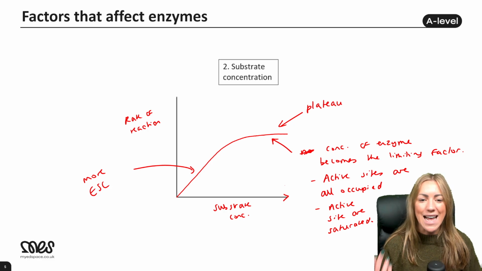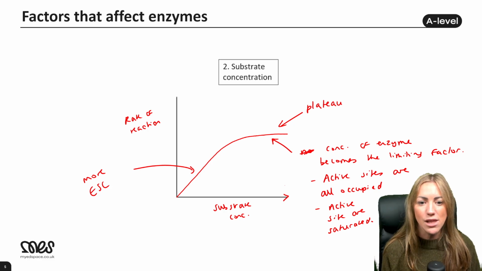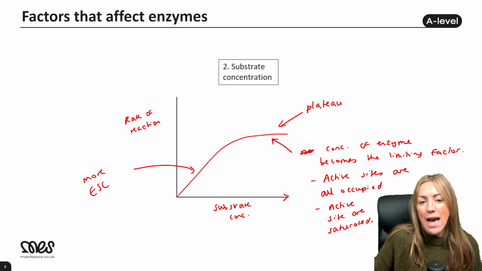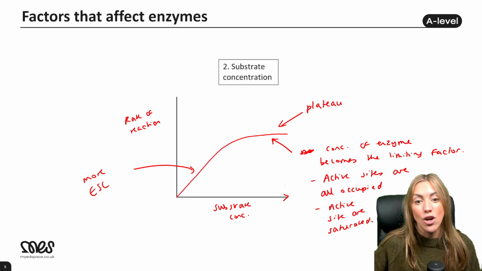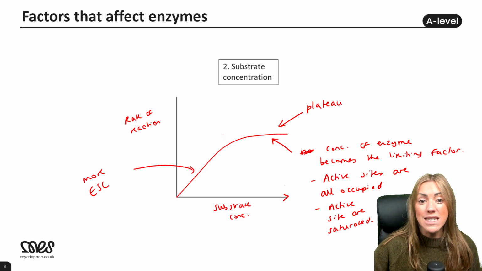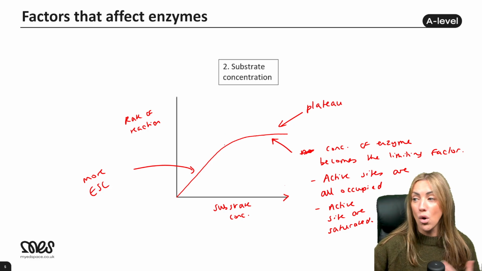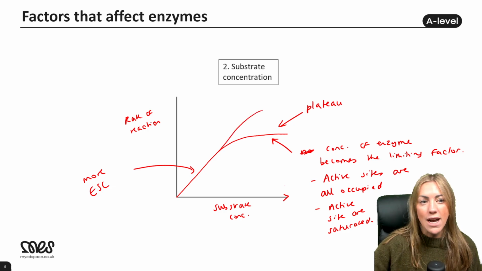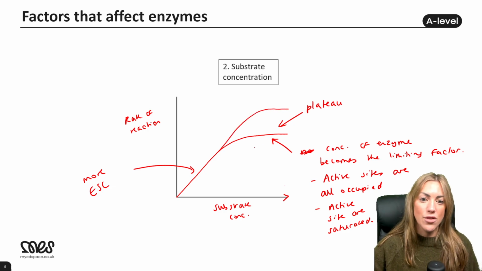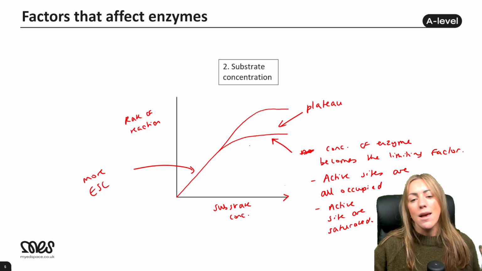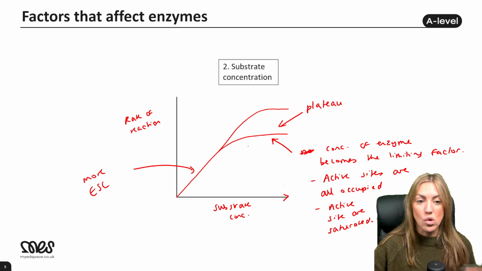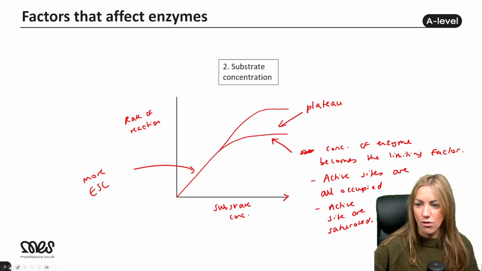Okay, so the enzyme concentration is now limiting the rate of reaction. Unless we add more enzymes, the reaction cannot go any faster. If we did add more enzymes and we had more available active sites, we'd be able to increase the rate of reaction until the number of enzymes again became the limiting factor because all of the active sites are saturated by substrate. So that's our substrate concentration graph.